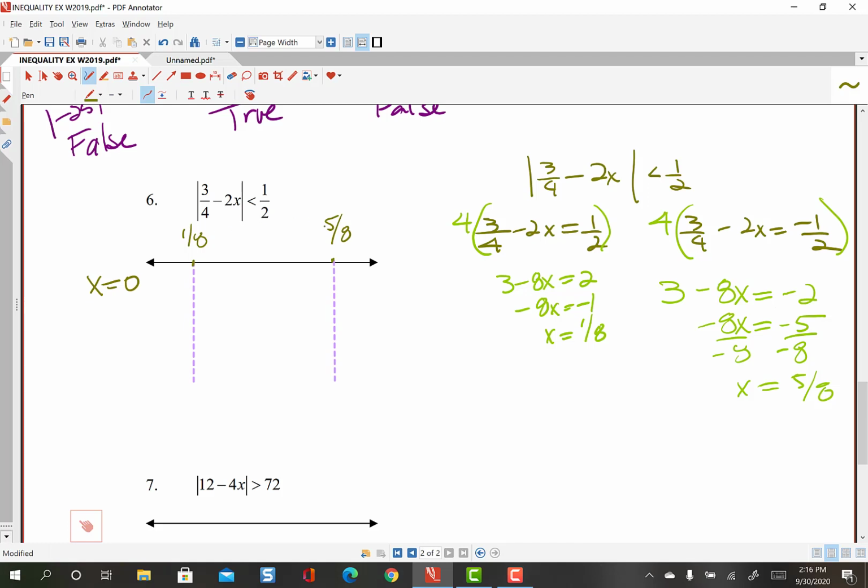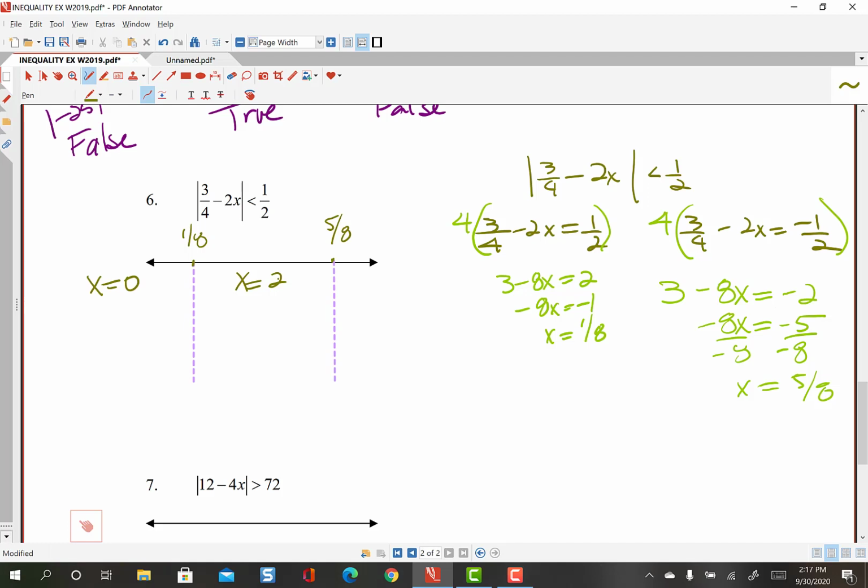Likewise, if you pick something in between these two, between 1/8 and 5/8, the other thing I would look out for is maybe a little cancellation action in here. You want to pick a number where you get some cancellation here. So for instance, between 1/8 and 5/8 is 4/8, which is the same thing as 1/2, and we'll get some nice cancellation action with that too. Likewise, I want something bigger than 5/8.